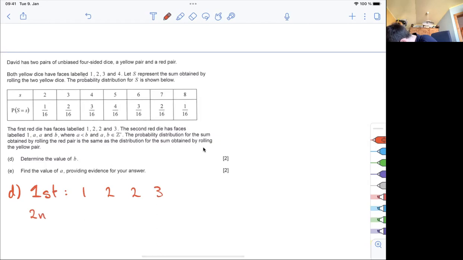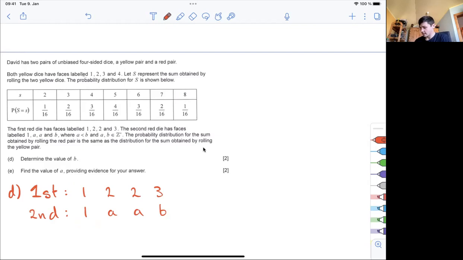And then let's put our second one here, where we've got 1, A, and B. And we know that A is less than B. When we look at the probability distribution up here, if we look towards the 8 column, there has to be only one possibility from rolling our two red dice that sums to 8. And we can get 1 and 1, and that would represent 2, and that will give us our 1 over 16. So that's already taken care of.